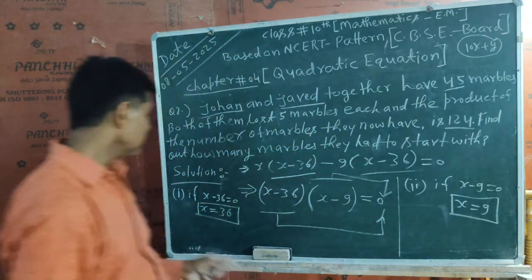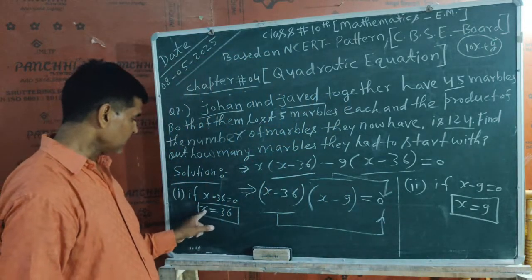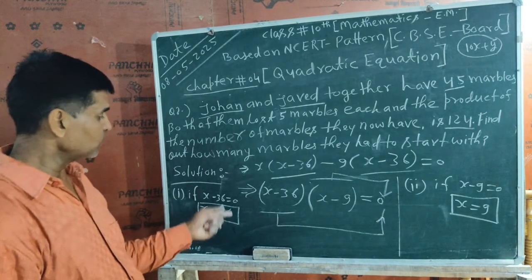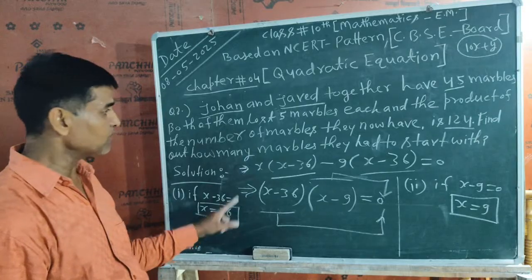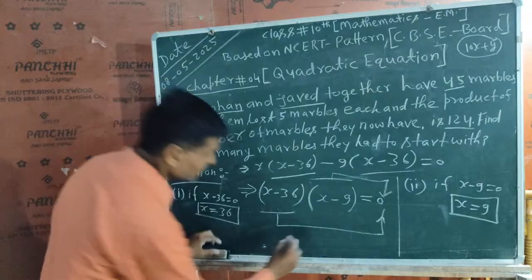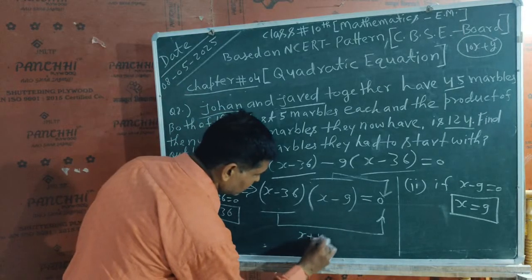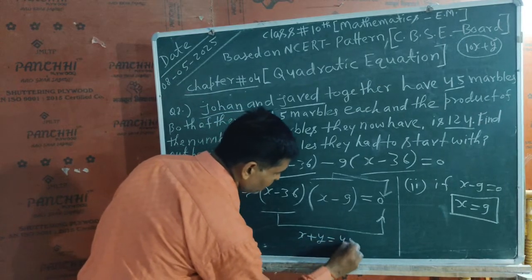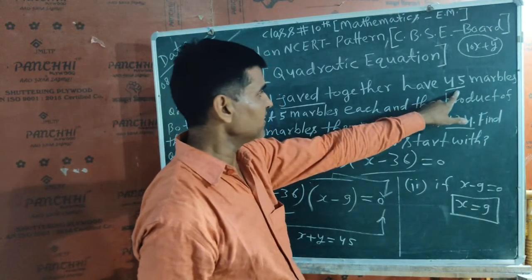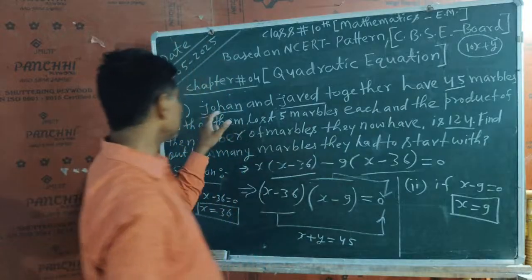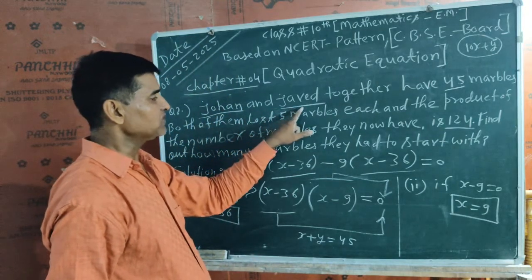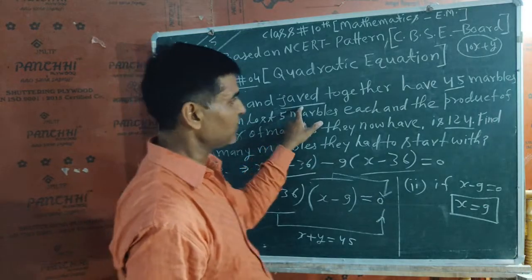It means that if I write the value of x is equal to 36, so corresponding to this I will get another value of y, because the value of x plus y is given as 45 in the question. The question is the value of x plus y, the value of x means Johan, and the value of y means Java.